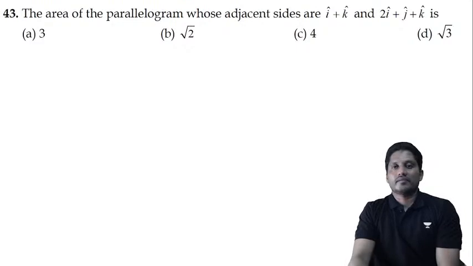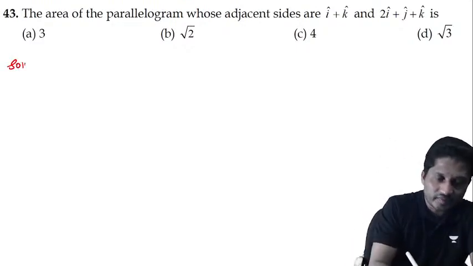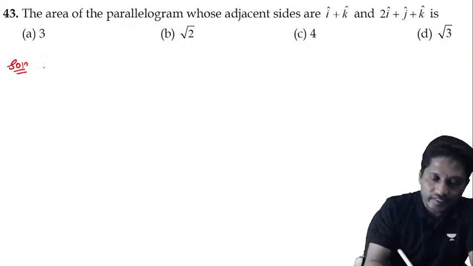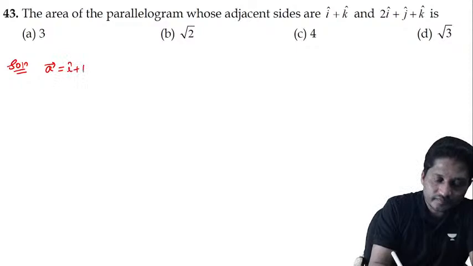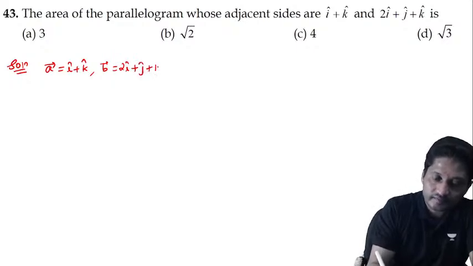Area of a parallelogram whose adjacent sides are represented by the vectors. Vector A is equal to i plus k, and vector B is equal to 2i plus j plus k.